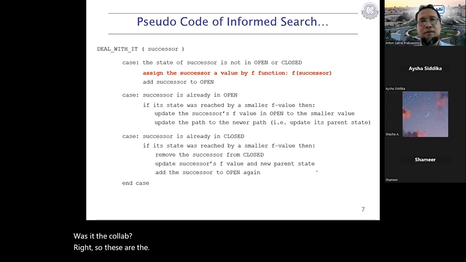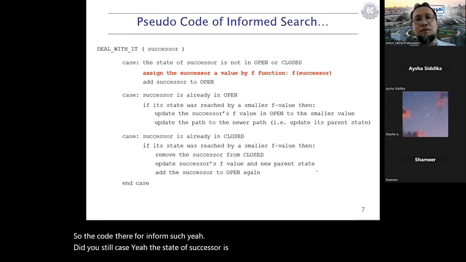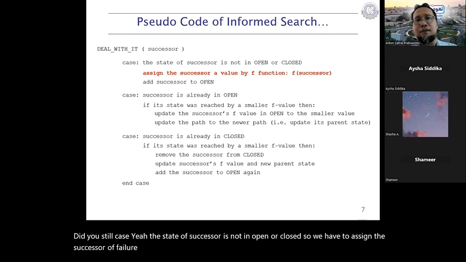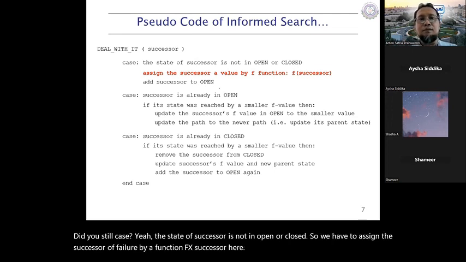These are the next parts of the pseudocode for informed search. In the case where the state of the successor is not in open or closed, we assign the successor a value by the function F and add the successor to open.